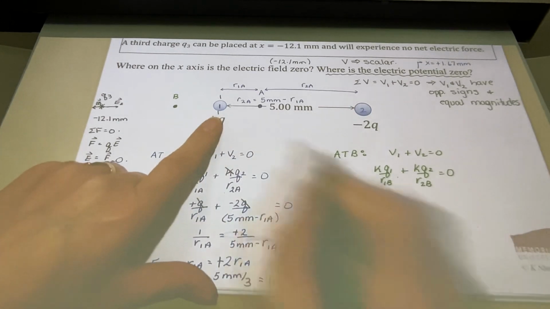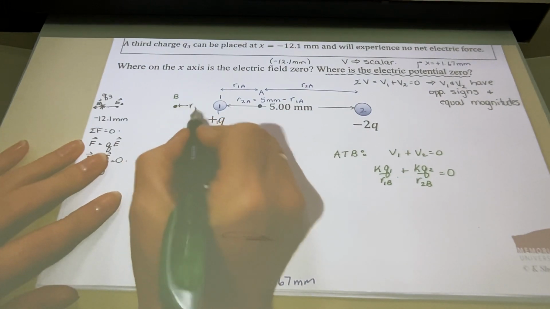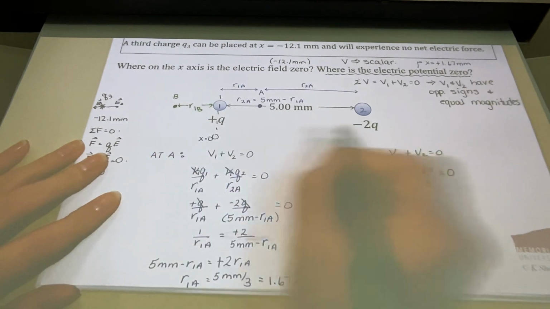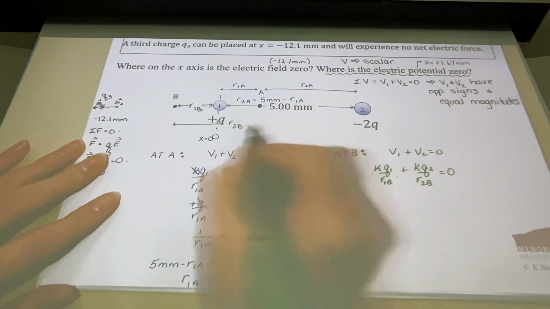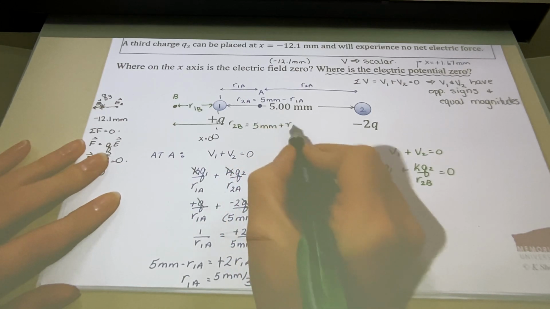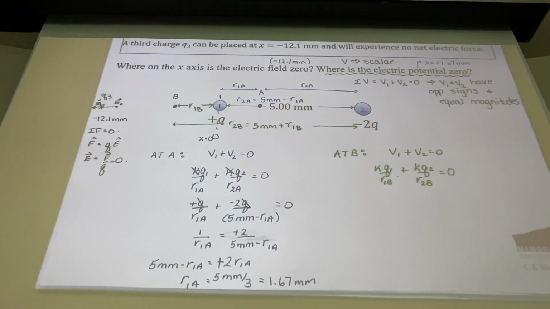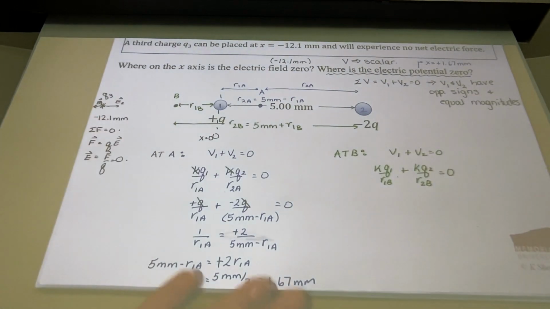R1B is the distance between charge 1 and point B. R2B is between charge 2 and point B, R2B is 5 millimeters plus R1B. So again, we have a relationship between those two distances. This plus this gives us the total distance, R2.